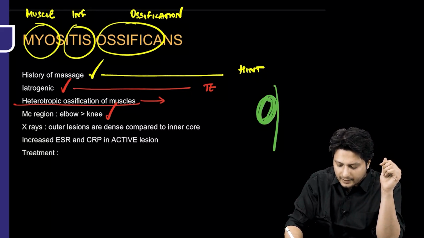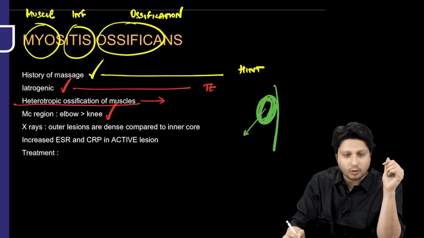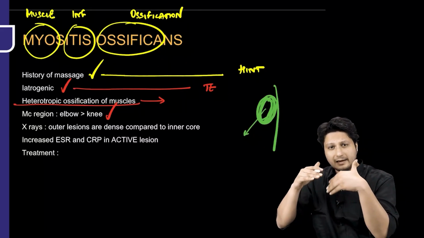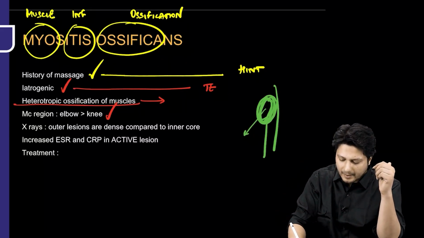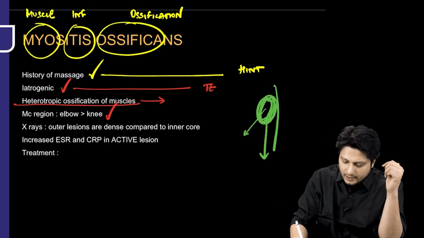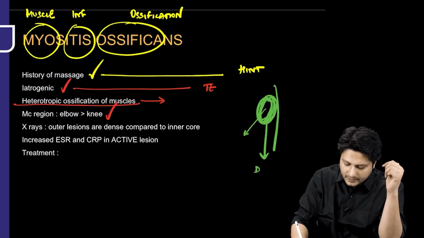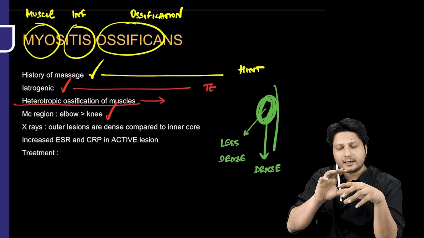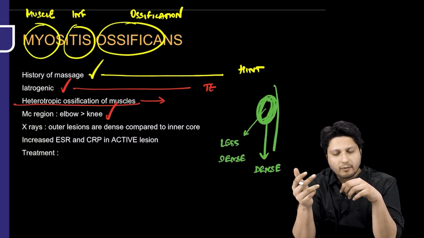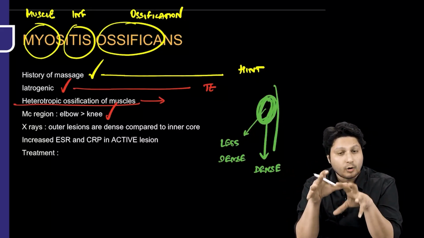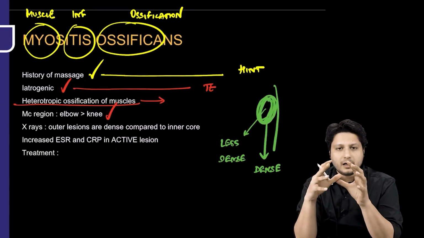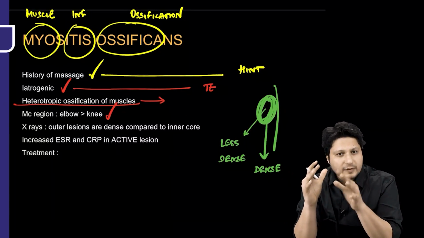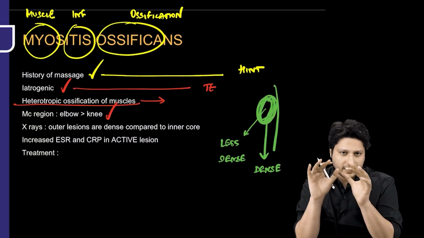The central core is having a lesser density in comparison to the edges. All right. So edges are more dense while the core is relatively lucent, while the outer margins are more radiodense. That is the identifying feature of a myositis ossificans lesion.